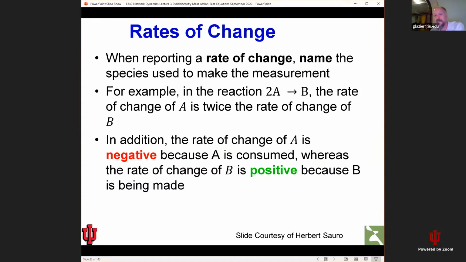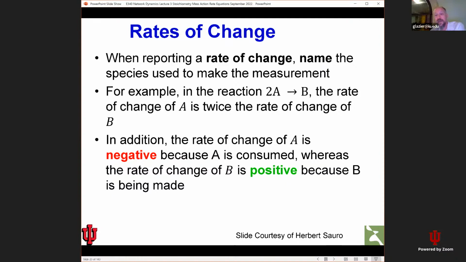And so one of the problems that we have, if we want to put a rate on top of that arrow, is we lose 2 molecules of A for every molecule of B. If we put a rate on the arrow, is it the rate of the loss of 2 A's, 1 A, or 2 B's? Because there's a numerical conversion factor of 2 to 1.